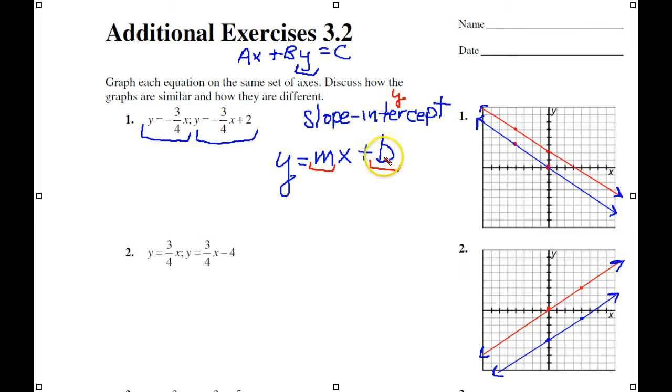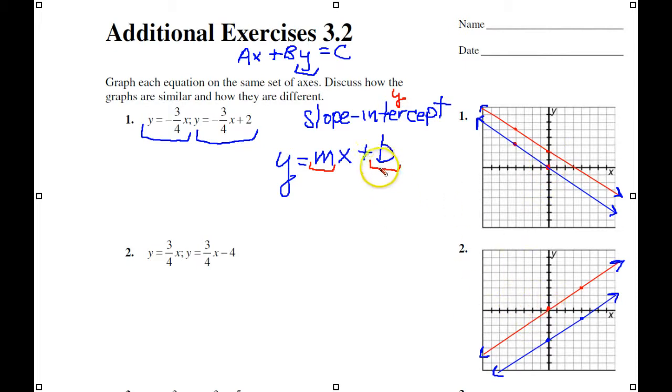It will be where the graph goes through the y-axis. So if there is no b, as we see in this first one, and this one down here, it's going to go through the origin, right there, and right there.